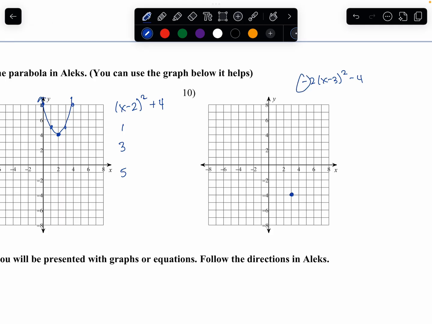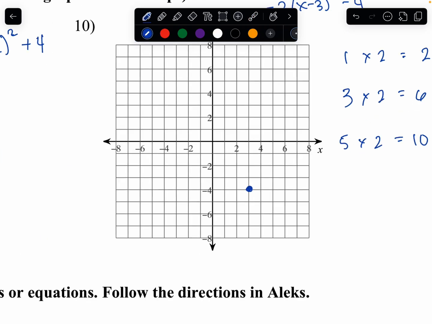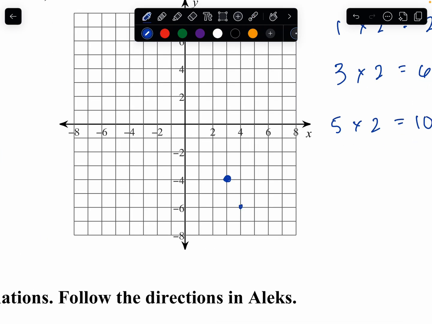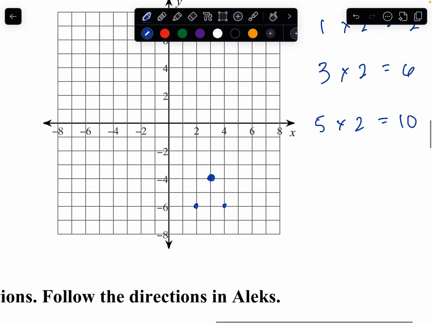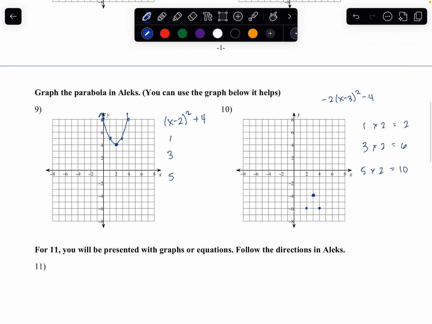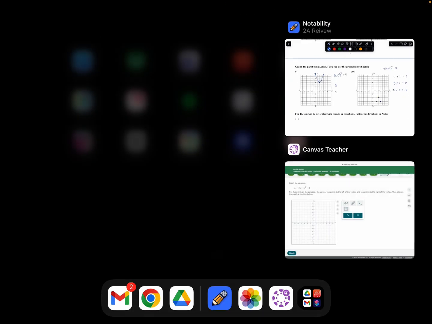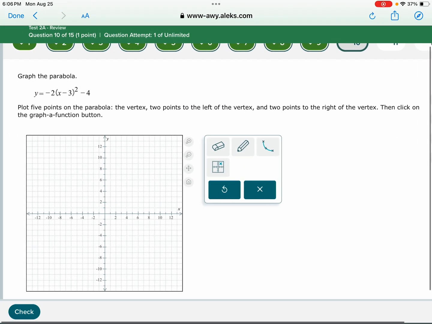Now, this is going to be downward facing, and the 1, 3, 5 rule, so 1, 3, and 5, has to be changed by a factor of 2. So that's going to be equal to 2, 6, and 10. I should only need these ones right here. So I'm going to go over 1 and down 2, over 1 and down 2. Then I'll have to go over 1 and down 6, but I can't do that here. So let's do that in here.